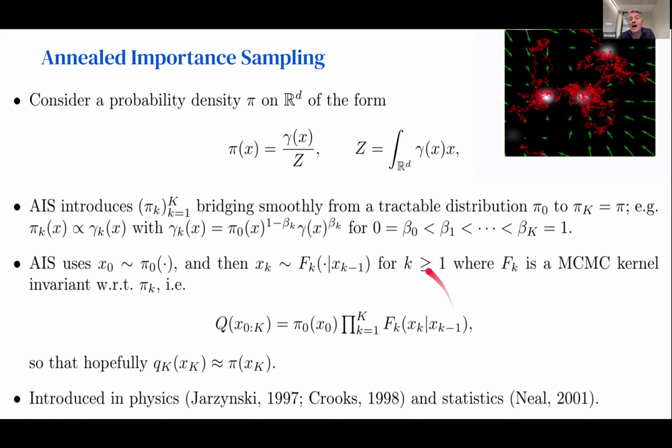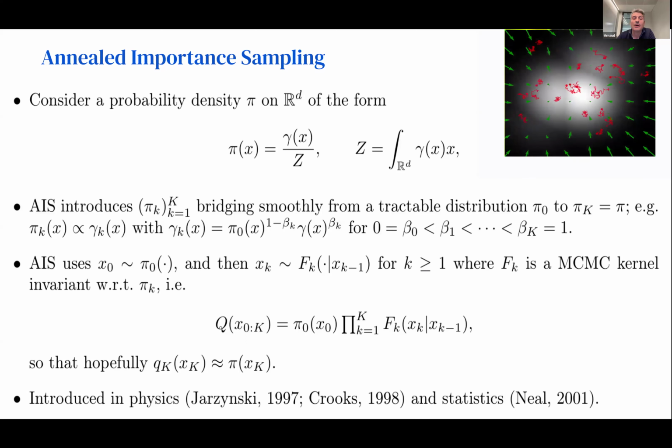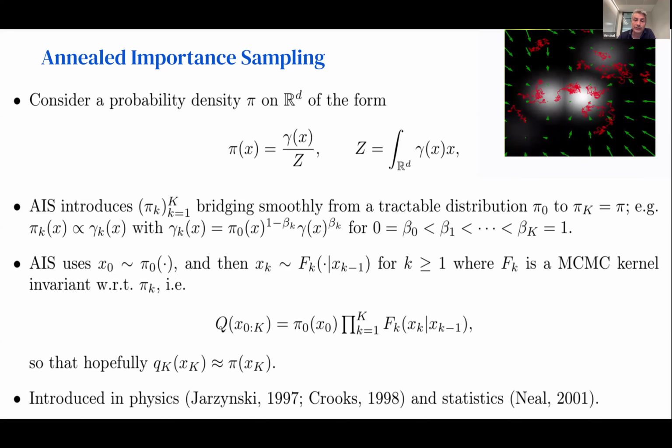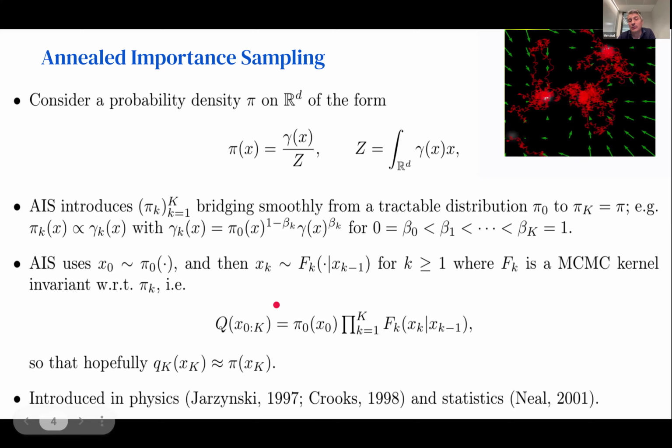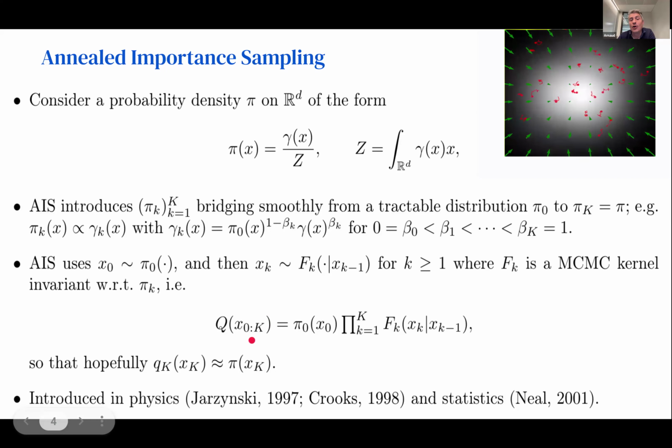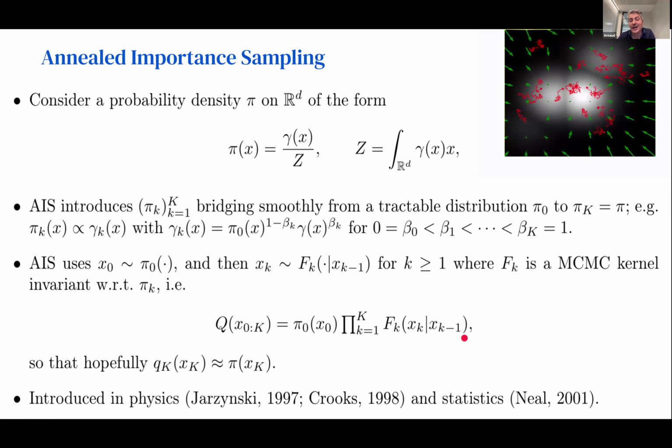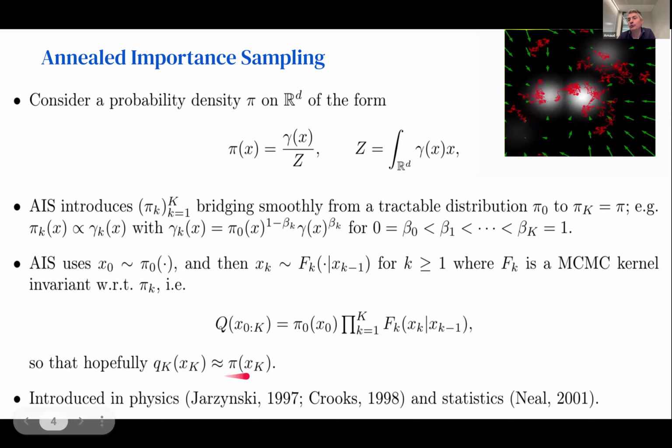Okay. And by construction, you expect that if your transition kernels mix fast enough, and the sequence of intermediate target distributions moves slowly enough from pi naught to pi k, the final target, then the marginal distribution of xk under this non-homogeneous dynamic is roughly equal to pi.